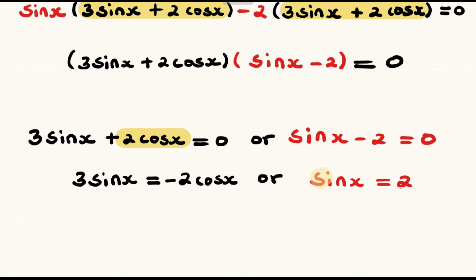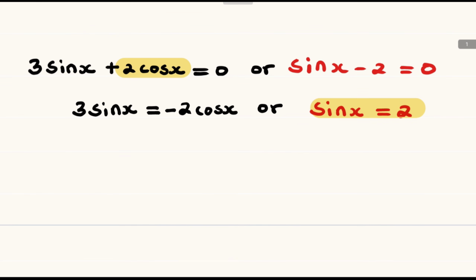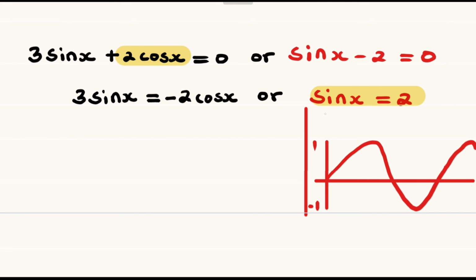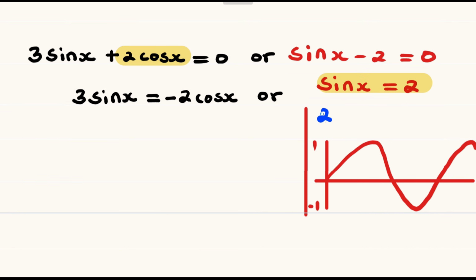So let's draw the graph of the sin x. When we draw the graph of sin x, let me draw the graph quickly. The graph of sin x is between negative 1 and positive 1, never at 2. So sin x is equals to 2 is not a solution because 2 is above the graph of sin x.